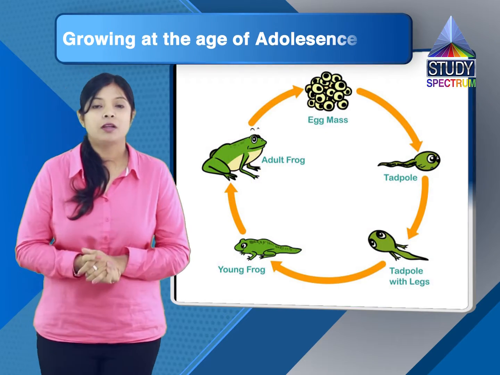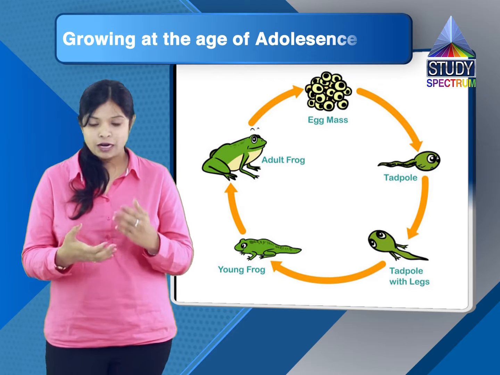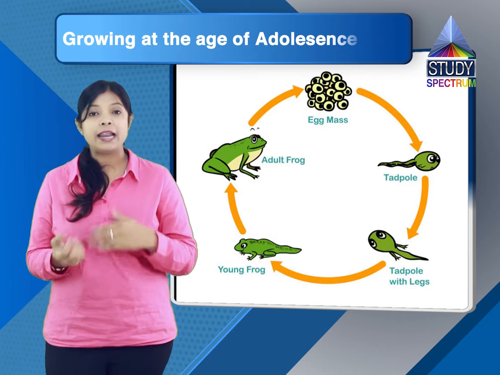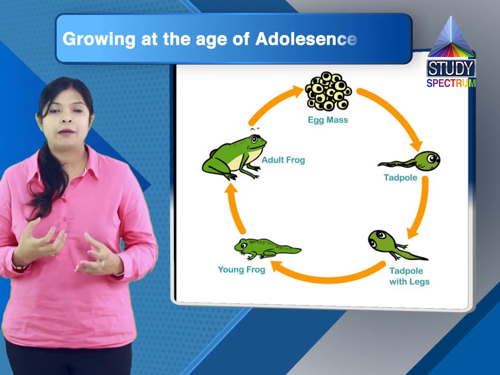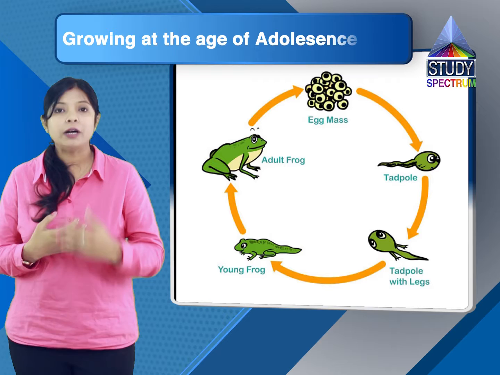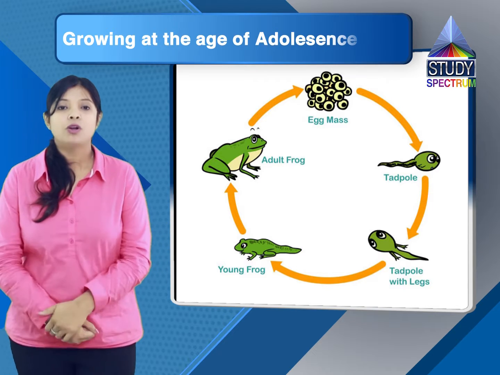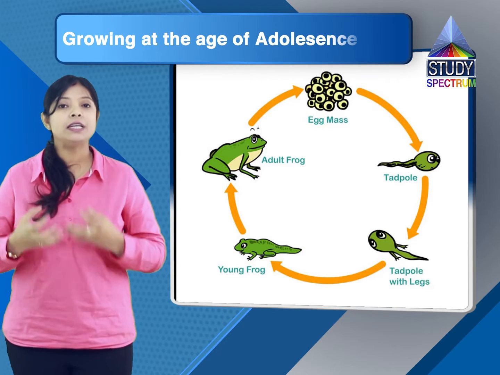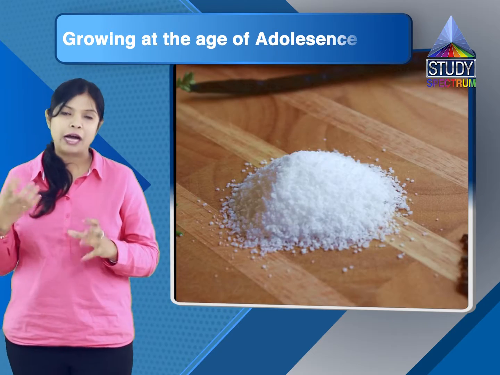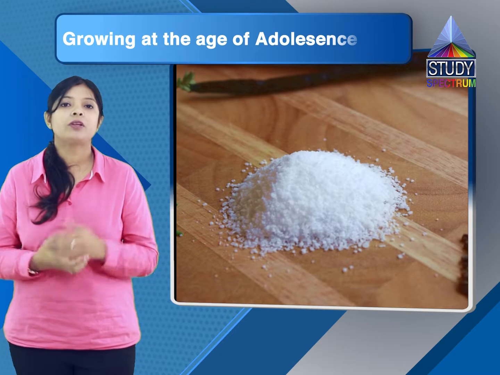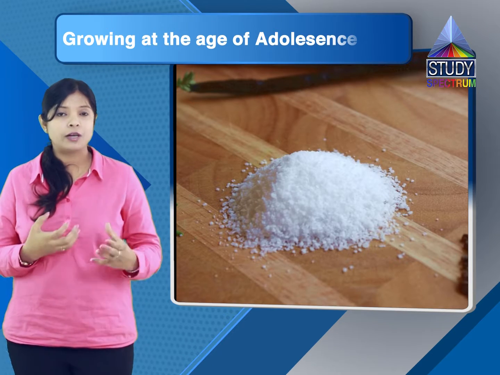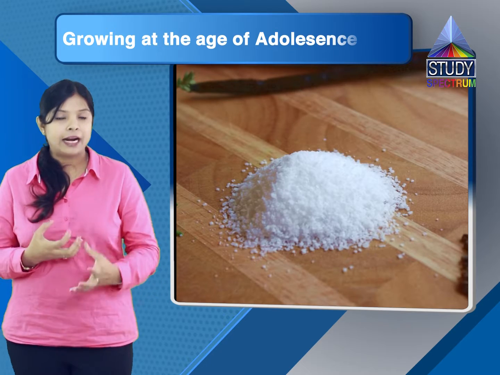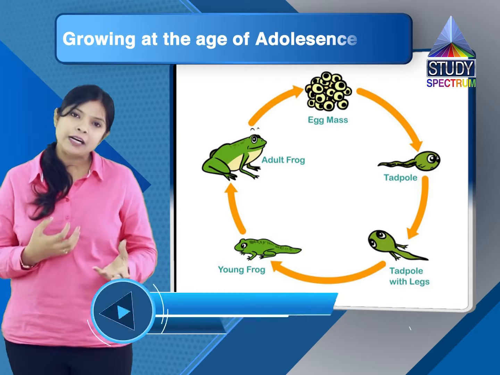Now students, you know that if a tadpole is living in water that has a lack of iodine, what happens? The tadpole would not change into an adult frog. Why? Because iodine plays a very important role in the production of thyroxine. So if the water where tadpoles are growing lacks iodine, a tadpole cannot change into an adult frog.